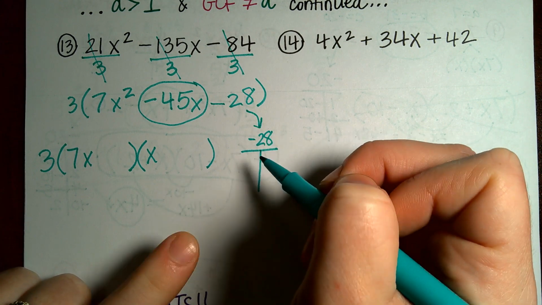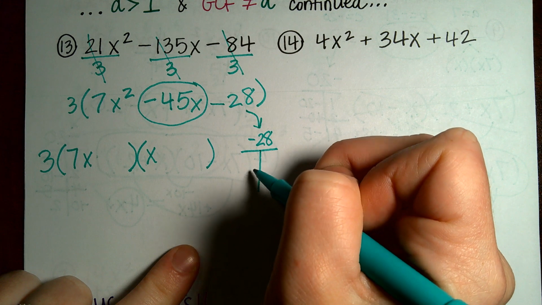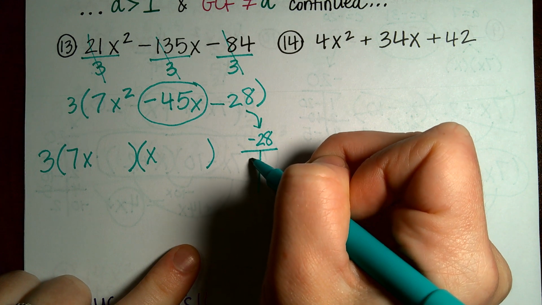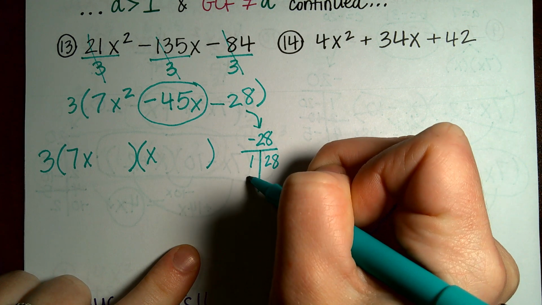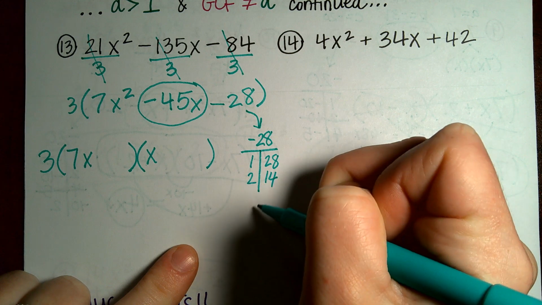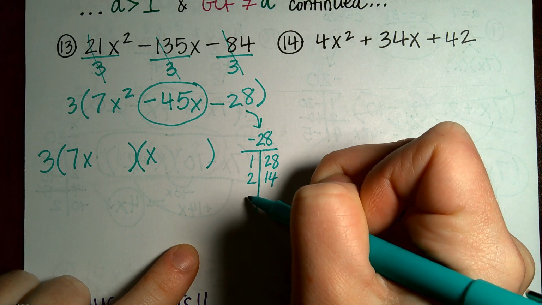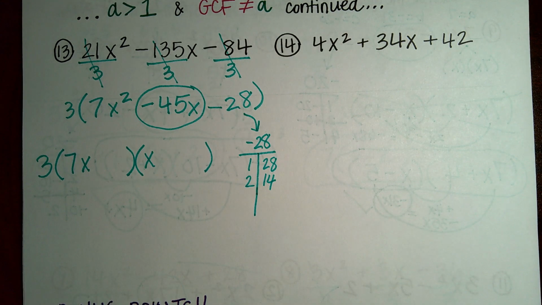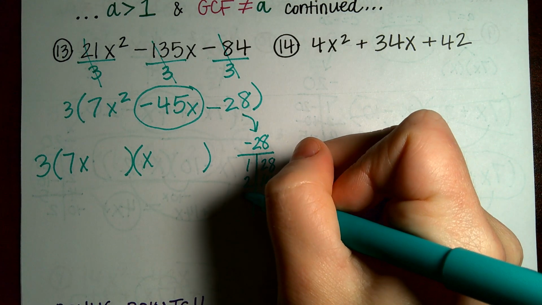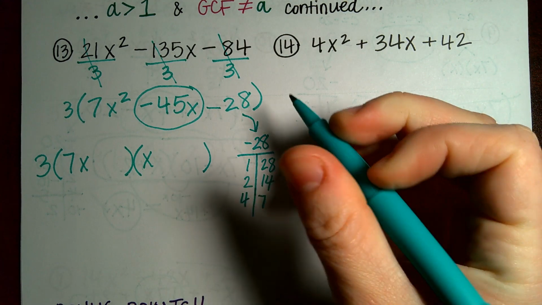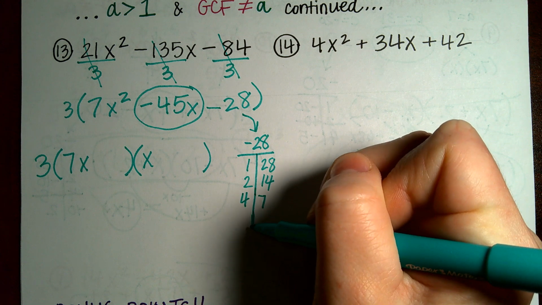So 28, we've got 1 and 28, 2 and 14, 4 and 7. Can we do 3 with 28? I don't know if we can. No. 4 and 7, you said? Okay.